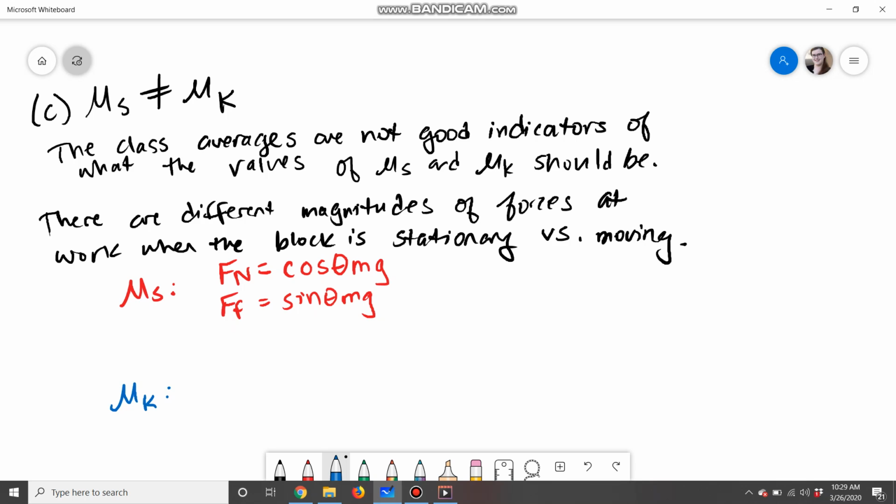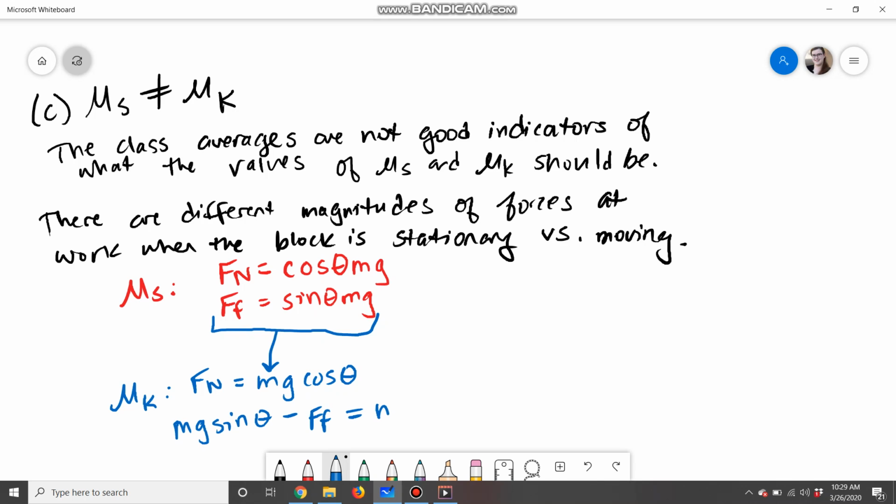We know that we have motion in this direction, so we still know that our normal force is equal to mg cosine of theta, but mg sine of theta minus the frictional force is going to be equal to ma, because we have motion going down along the plane.